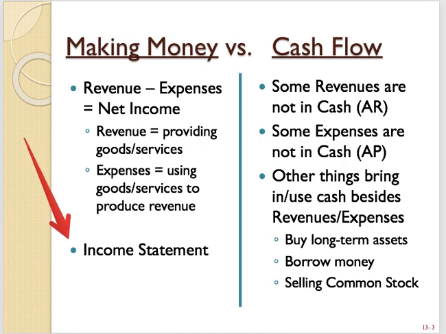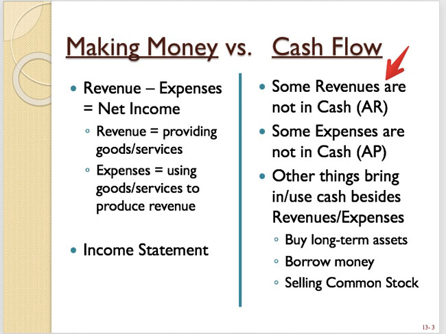But the income statement doesn't tell us how much cash we got or how much cash we spent, because like we said, making money is different than cash flow. So that's where the statement of cash flows is necessary, because some revenues are not in cash.